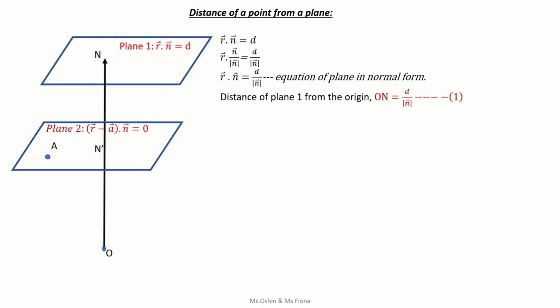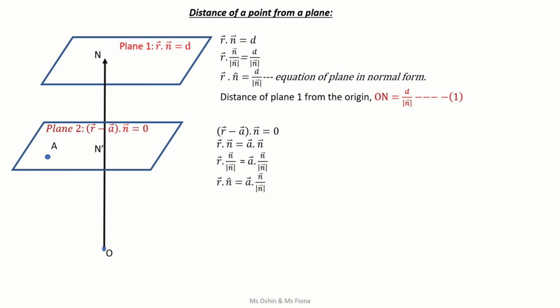Therefore, the equation of plane 2 will be vector r minus vector a dot vector n is equal to 0. Simplifying this, we get vector r dot vector n is equal to vector a dot vector n. Let us divide this by magnitude of vector n.